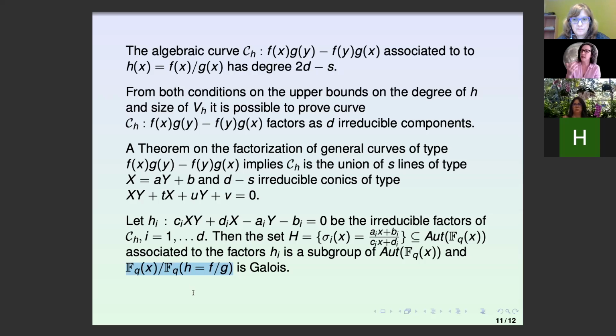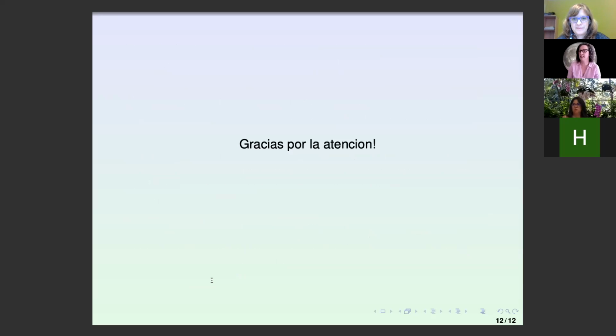I mean, can we characterize the polynomials or rational functions H such that the rational extension FQ(X) over FQ(H) is a Galois extension? If we could characterize these, we could give explicit minimum value set rational functions. Okay, so, gracias por la atención.